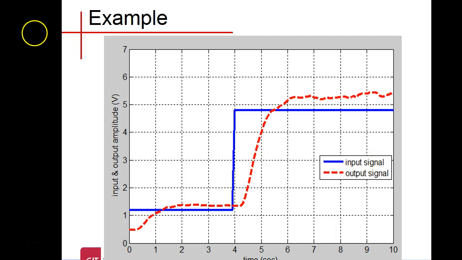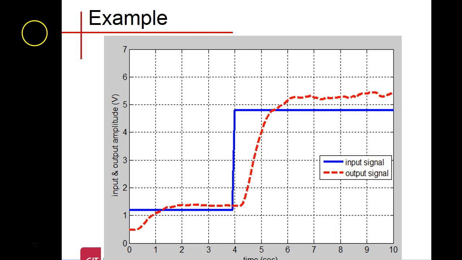What's the definition of the steady state gain? More or less an intuitive definition. The change of the value at the start of the... okay, so yes, more or less the simplest definition is output over input.